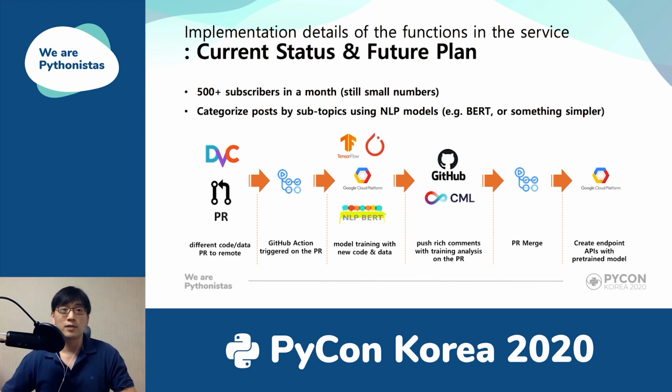So DVC and CML are simple, but nice projects to tackle this problem. With DVC, which stands for Data Version Control, you can manage versions of data. But data here doesn't mean the training data only, it can also support versioning of deep learning models.